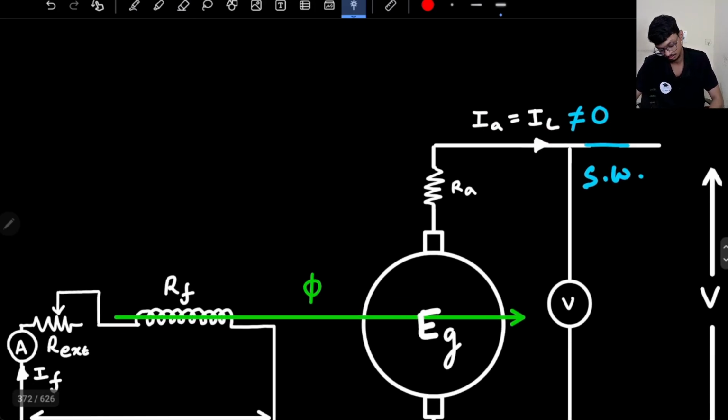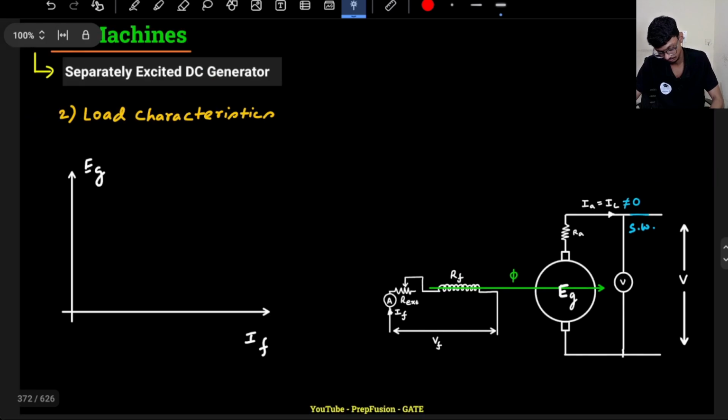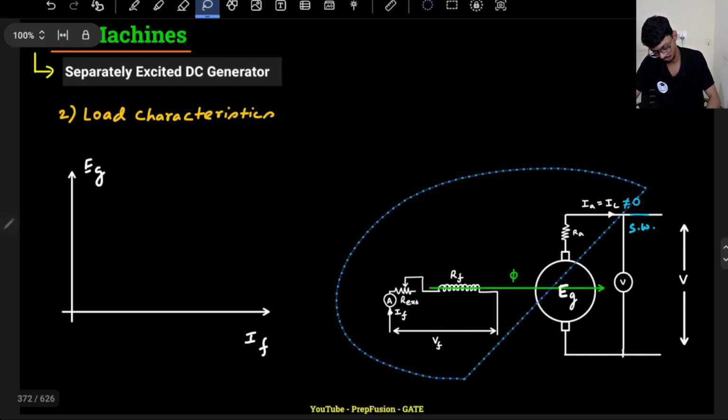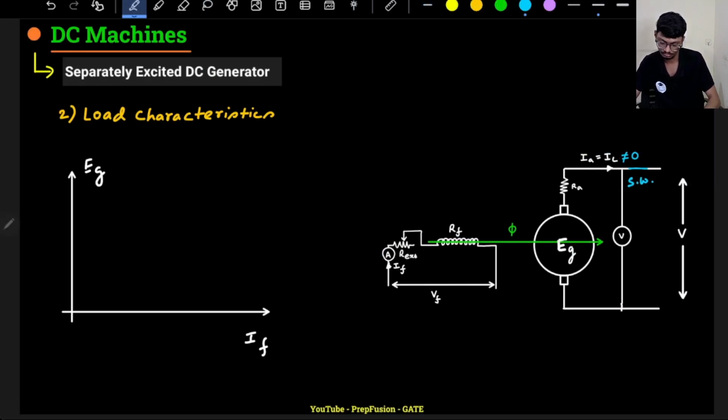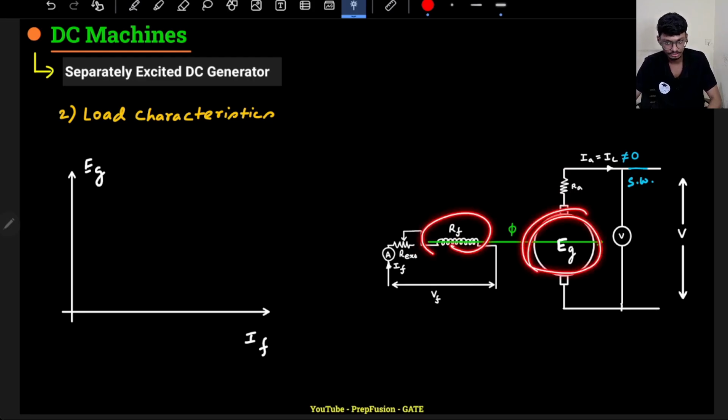So what I can say is that there will be some drop here. If some flux is there initially, it will generate some voltage, that will be known as the residual voltage.